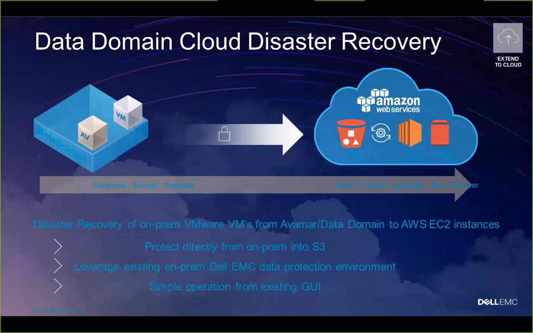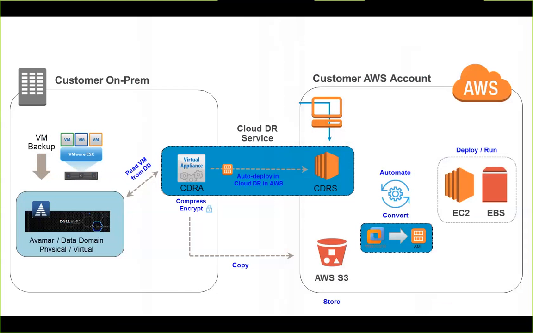I back up the VM, it protects it directly from on-prem into S3, and then it leverages the existing data protection that you have in your environment with Avamar, and it's a simple operation through the same view that you have today.